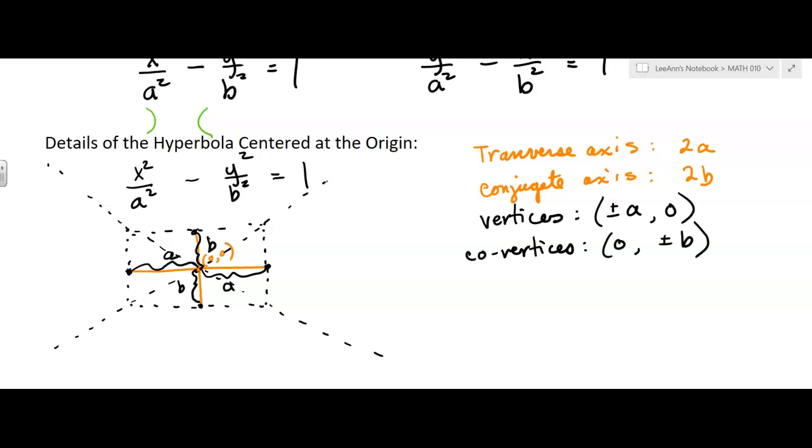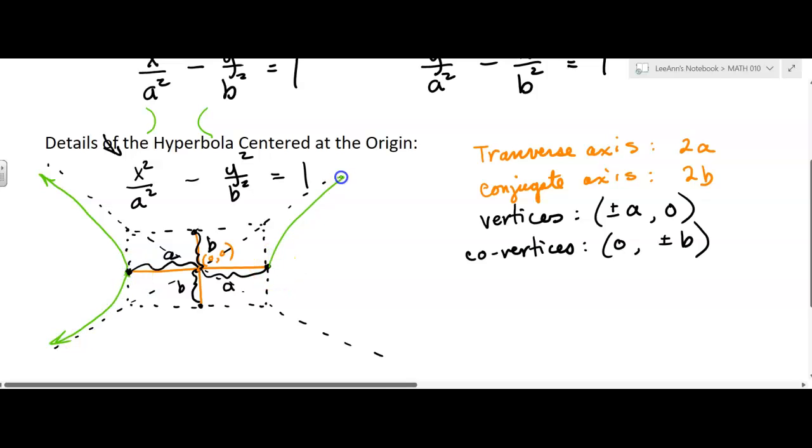You have a kind of a V shape up at the top and one at the bottom, and then you have the 2 to the side. Because it was x squared first, x squared over a squared minus y squared over b squared, this is going to open side to side. Okay, so I can draw the hyperbola, and I'm not great at drawing these. I usually just go from the vertex toward the asymptote, and I do it on each side, and then the same thing here.